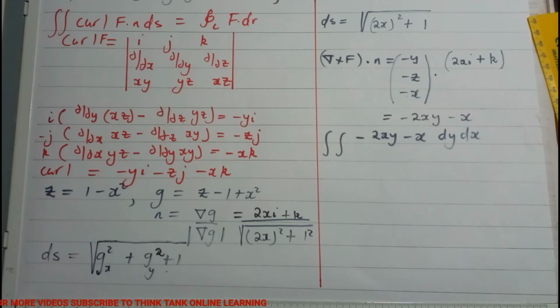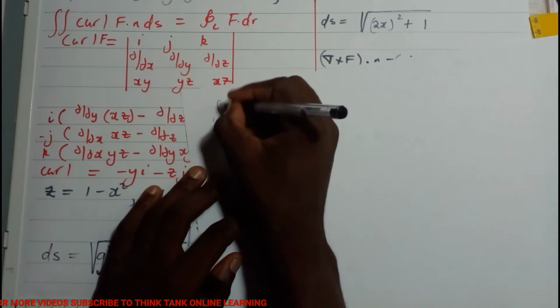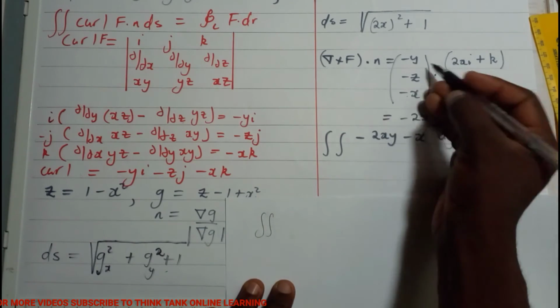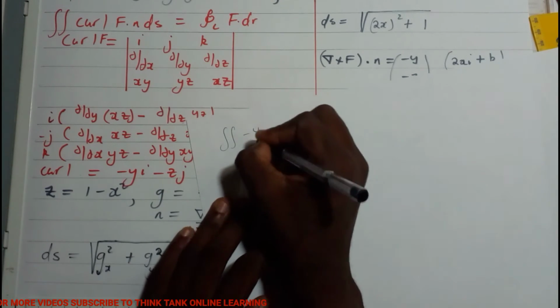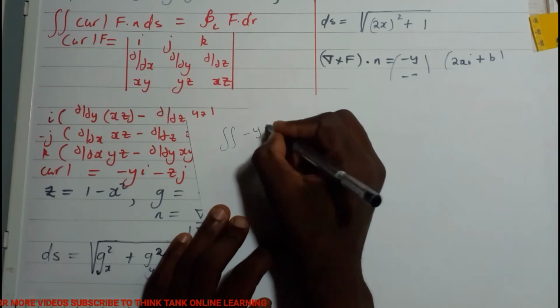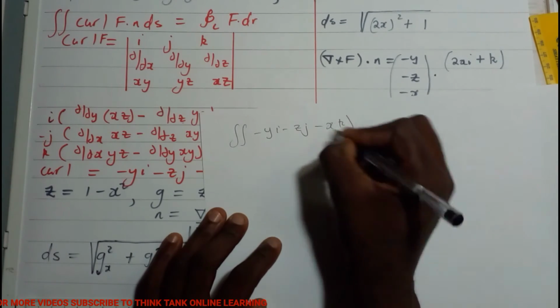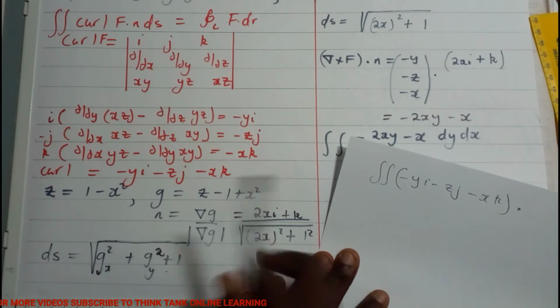Okay, so I'm going to show you. Let me just find a piece of paper so that I don't run out of space here. So we say this is the formula. So the double integral of curl. Okay, so this is the curl, this is the equation of the curve, just right here. So it's going to be negative y i, negative z j, negative x k. Okay, the dot product of the normal, this is the normal.